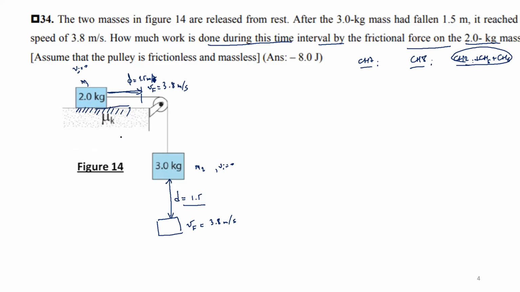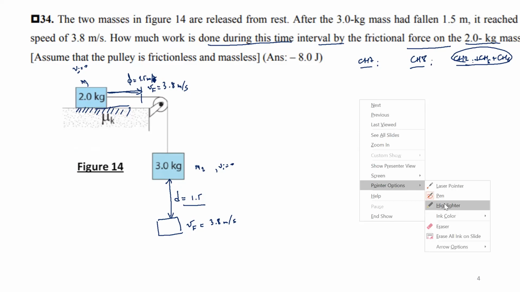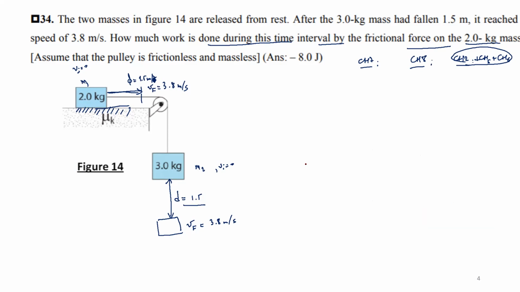I will use chapter 7. Now, before I use chapter 7, I am in a dynamic problem. What do I do? Free body diagram. Even if I can do it without a free body diagram. So this 3 kilogram mass, of course, will have M2G. Here you will have tension, of course.